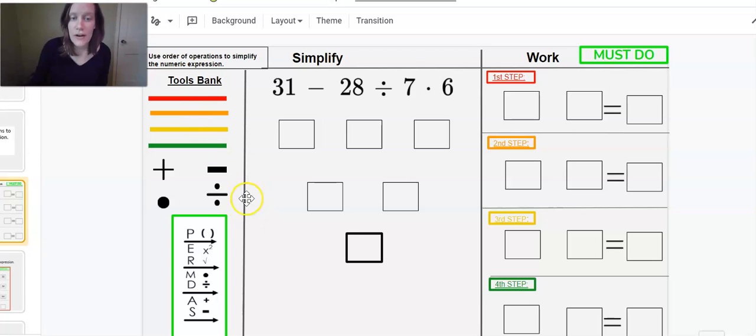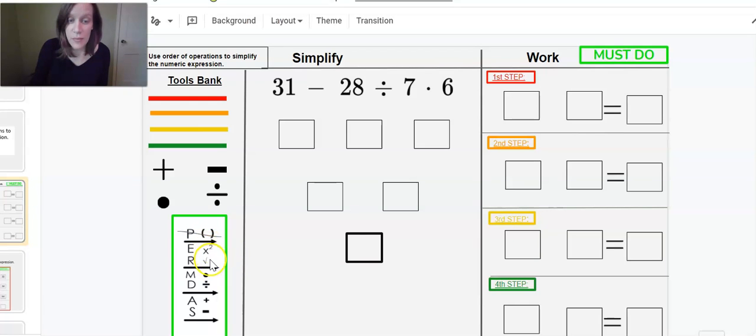So I'm going to start here, and I'm first going to look at my expression. I see 31 minus 28 divided by 7 times 6. I want to make that simpler. So I'm going to look over here, and I see I don't have any parentheses, so I might just cross that off, just so I know for sure, no parentheses.